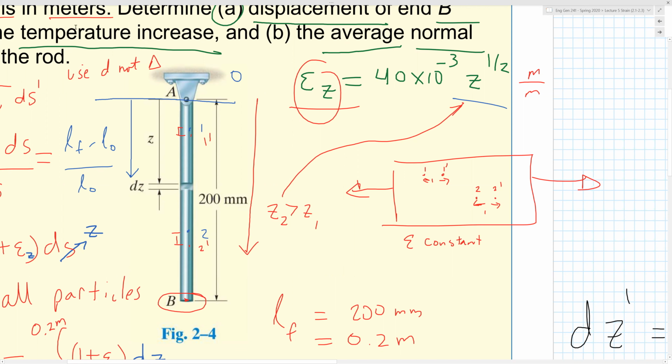A particle here probably changed a little bit, but the further you go out, it starts to stretch more and more. So every single point stretches differently, but point B depends on everything above it. You can look at the instantaneous strain at every single point, which is what we did the calculus way. But on average, what is the overall average strain between its final length and the original?